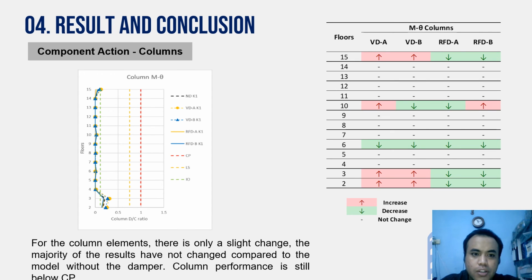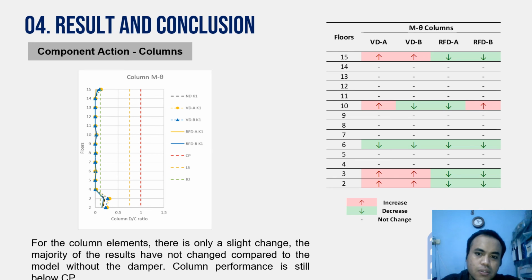The next component is column. For the column element, there is only a slight change. The majority of the results have not changed compared to the model without the damper. Column performance is still below CP.